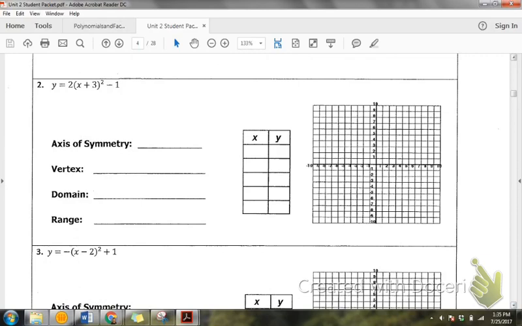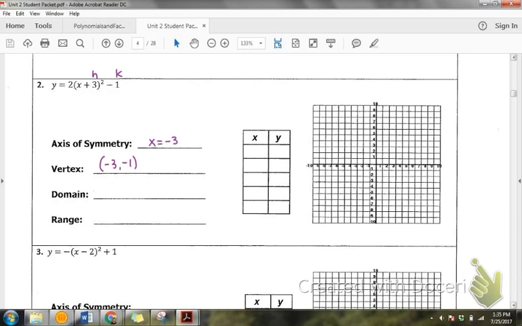And is it going to be positive 1 or negative 1? The k value stays the same, okay? So here's my h and my k. Negative 3, negative 1. What's our axis of symmetry here, Leanna? Not just negative 3. There we go. X equals negative 3.